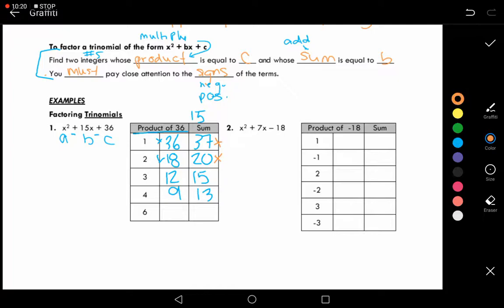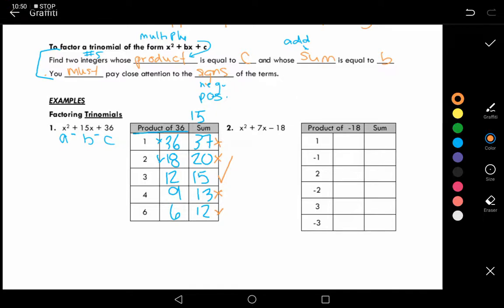So it can't be that one, because we need it to be 15. And 6 times 6 will give me 36, and 6 plus 6 gives me 12. Again, that's not what I'm looking for. So I know that my factors have to be 3 and 12, because 3 times 12 multiplies to give me c, and it also adds to give me b.